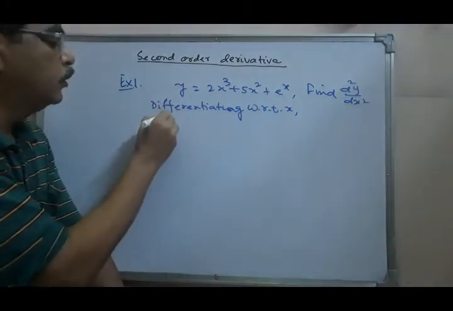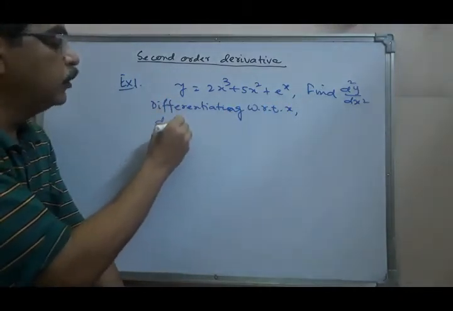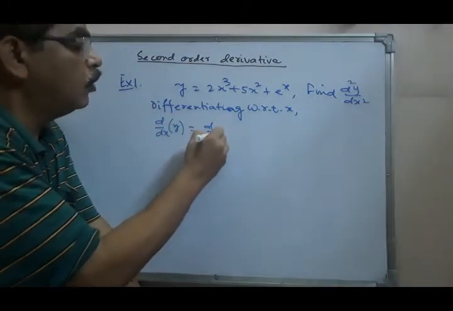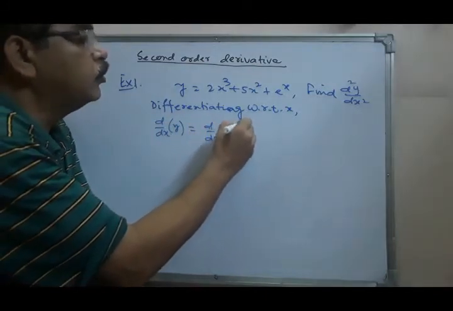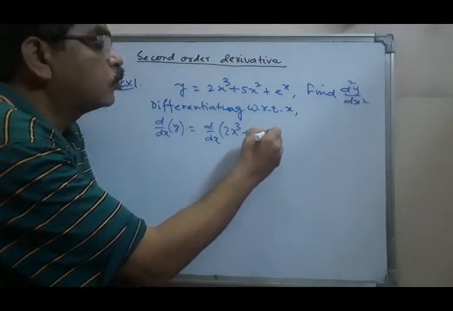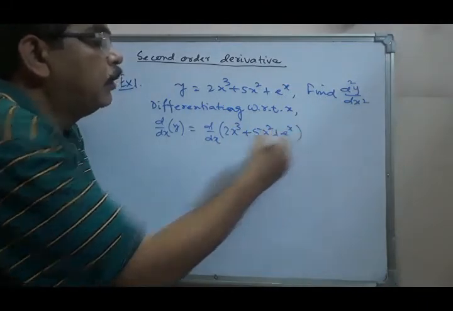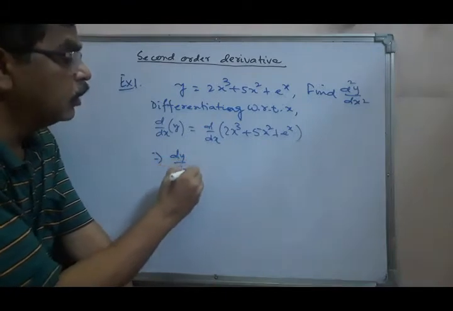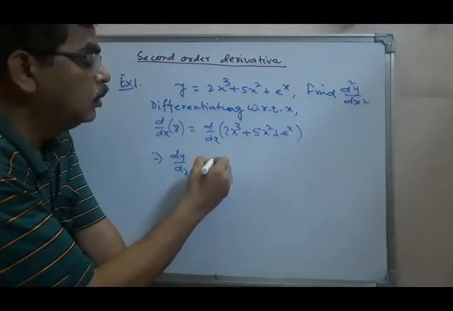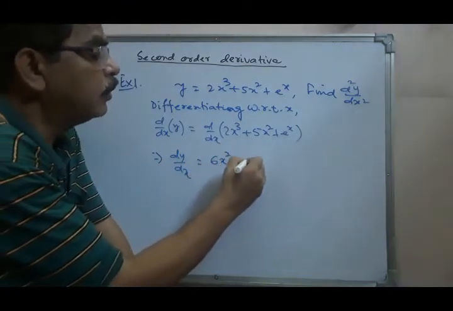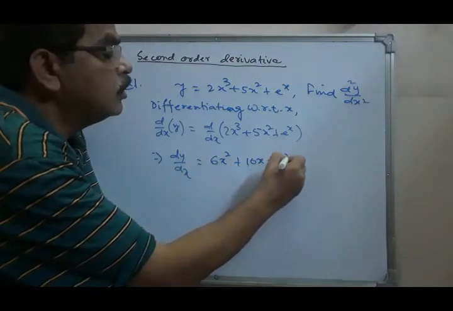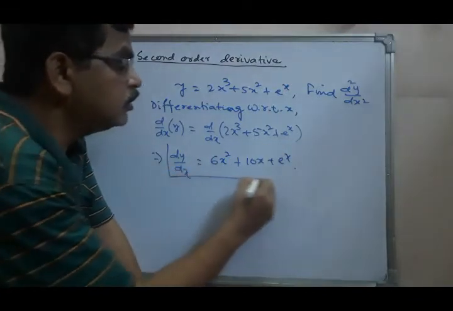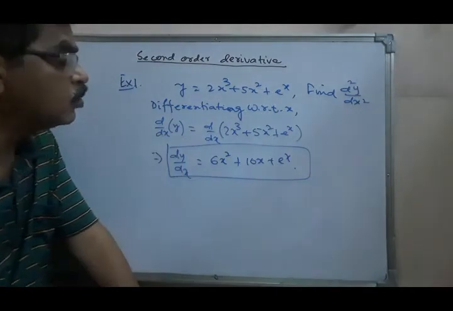What will we get? d/dx of y equal to d/dx of 2x cube plus 5x square plus e to the power x. So therefore dy by dx equal to 6x square plus 10x plus e to the power x. So this is the first order derivative.